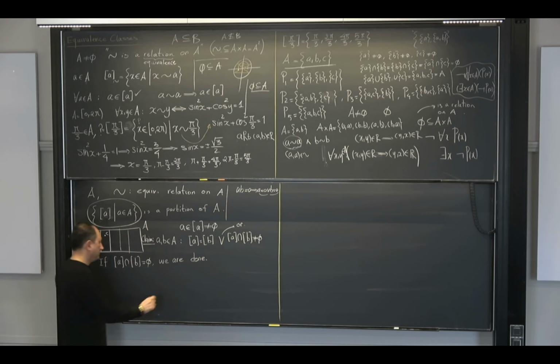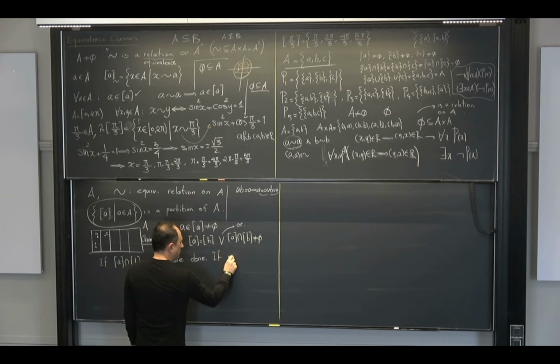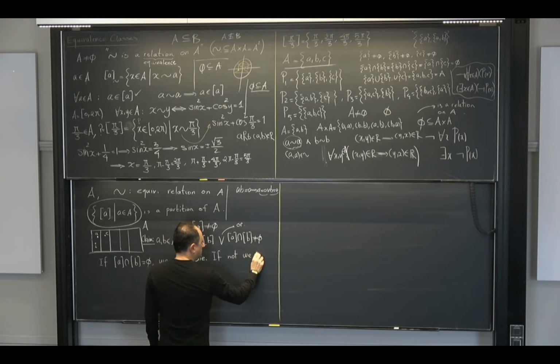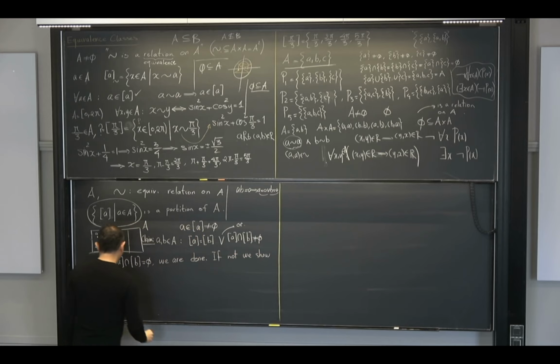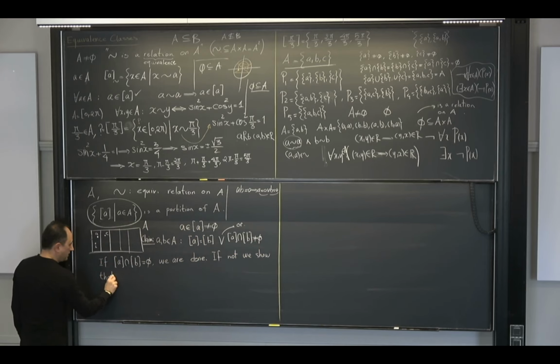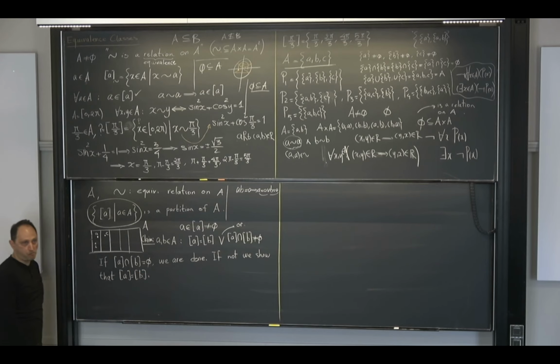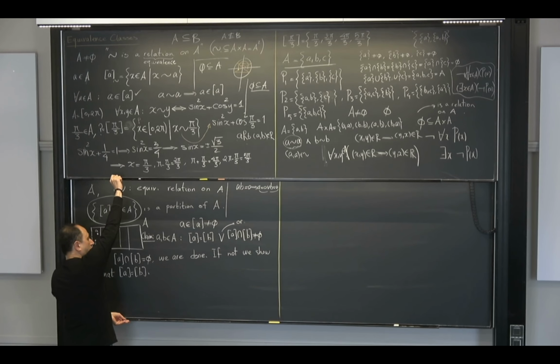If not, we show what happens: the class of A is equal to class of B. Okay? This is what we want to show. The logic clear? Okay. So, let us do that.